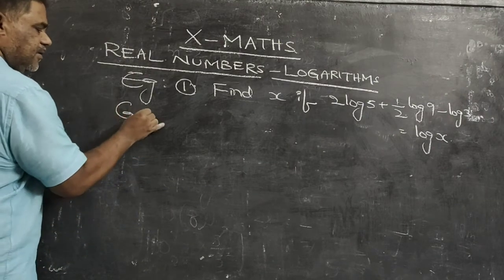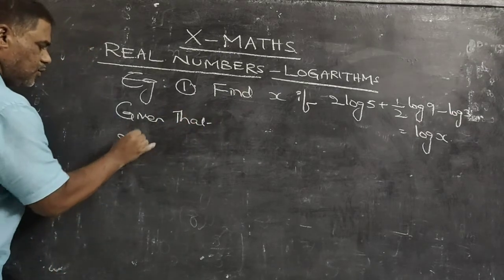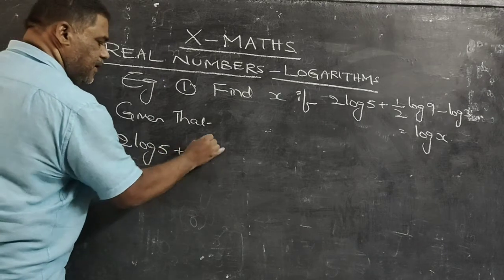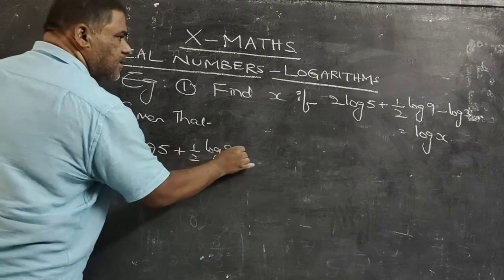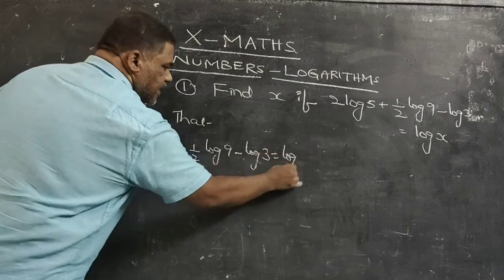Now the given equation is 2 log 5 plus 1 by 2 log 9 minus log 3 is equal to log x.